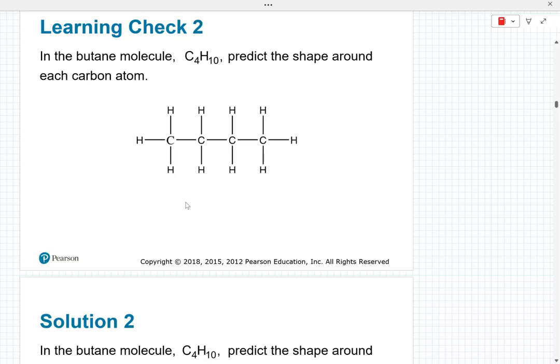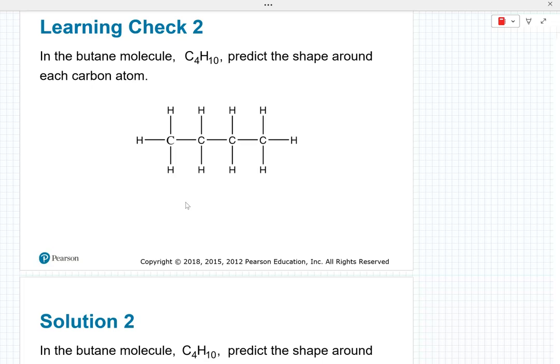So now, remember the shape of each carbon? It's tetrahedral, right? Okay, so here's the thing.